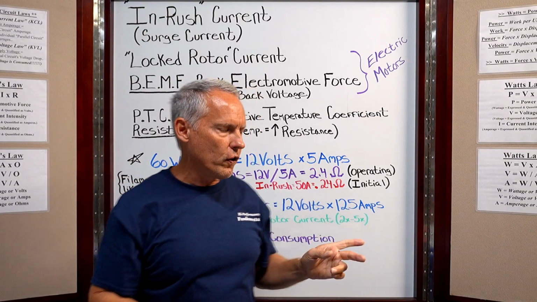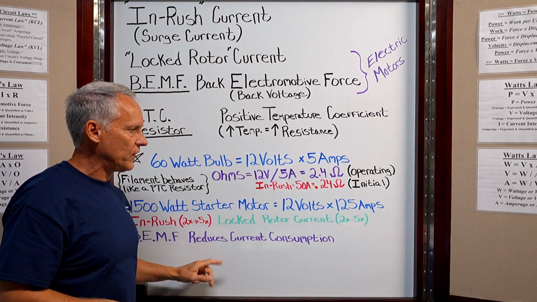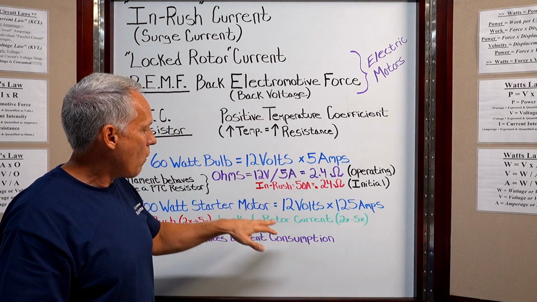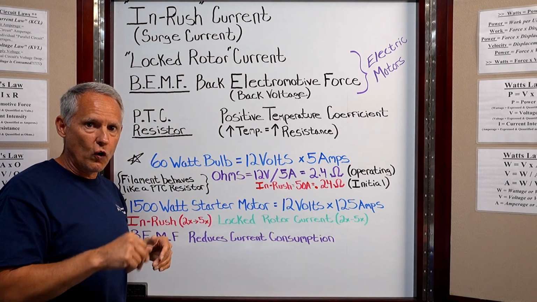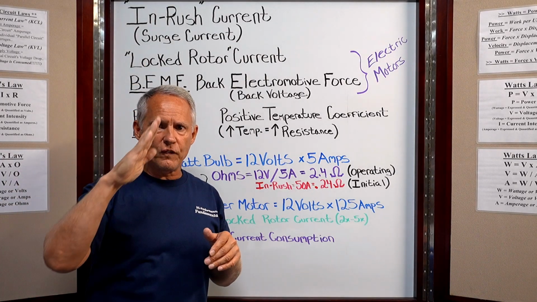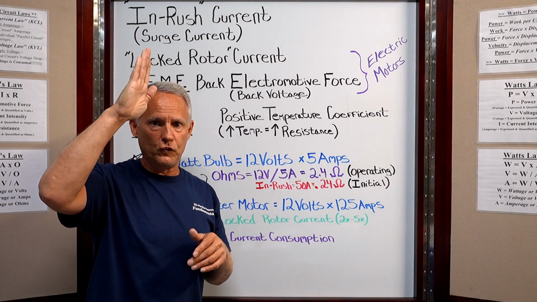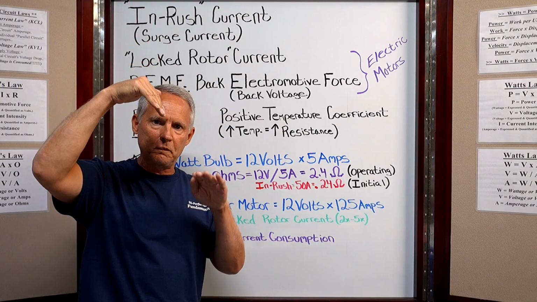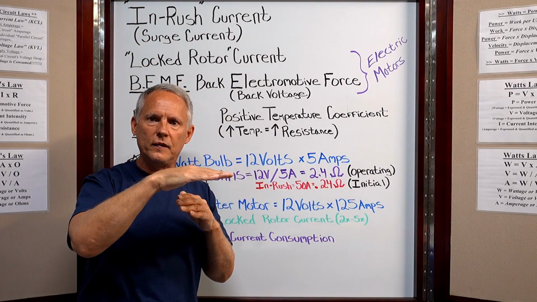If you were to monitor this circuit, let's say we're using an inductive ammeter and we are monitoring the amperage flow to that starter motor, you'll see an inrush current where there's a lot of amperage flowing into the starter motor. Then as it begins to rotate, you would see it start to come down, and as it got up to speed, it would come down to a certain level and then level off.